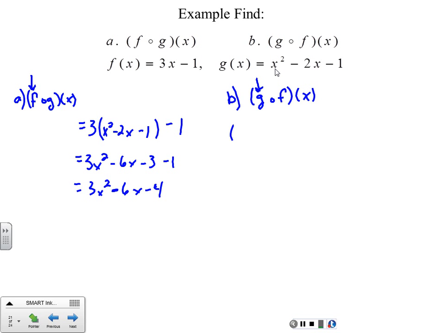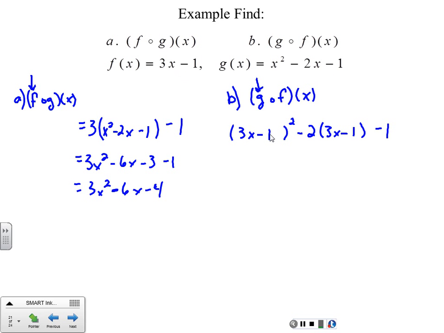So we're going to do a skeleton squared minus 2x minus 2, and then open up a skeleton, and then finish it out with that minus 1. In the skeletons, I'm going to put the f function of 3x minus 1. So we have 3x minus 1 here, and 3x minus 1 here. So that's your substitution. Now what we're going to do is actually do the algebra.